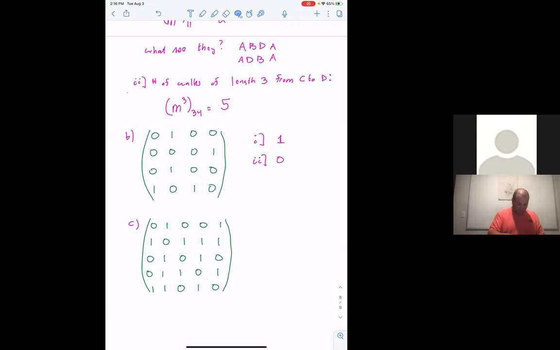This is what I'm calling matrix C. So matrix C to the 3rd power gives me 2 for part I, and for part double I, we're still doing C to D, so that gives me 5.